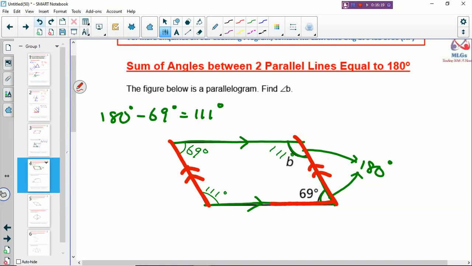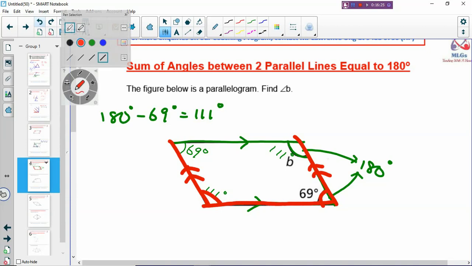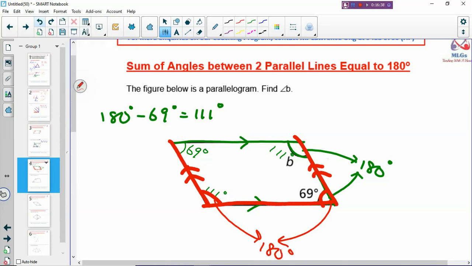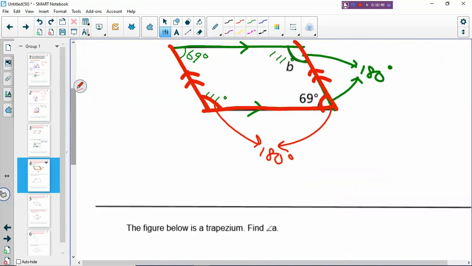If you look at the angles between them and add them together, you will also realize that the angles between two parallel lines add together to 180. So what's the lesson here? Every time you see two parallel lines, the angles between them must add together to become 180 degrees. That is a very important property that you can use to solve harder problems.